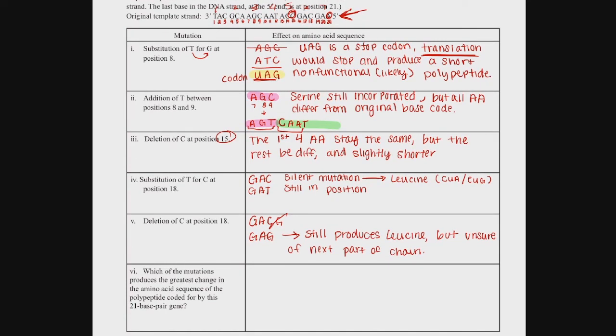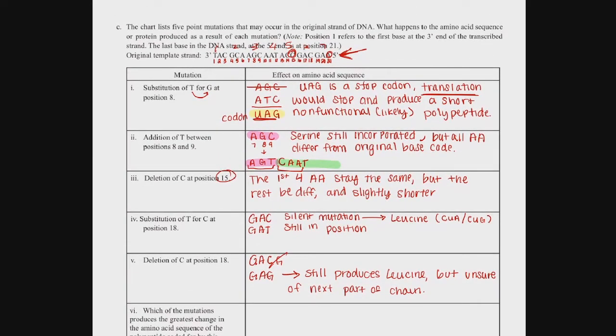Okay, and then which of these mutations produces the greatest change in the amino acid sequence of the polypeptide coded for by this 21 base pair gene. So it's just asking, out of all these options, which one does the most damage. And yes, you're right. On that last one, it would get a little shorter because we are deleting one.